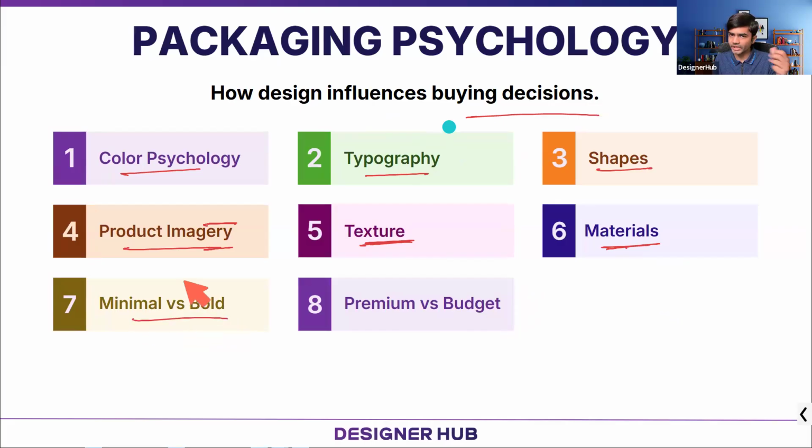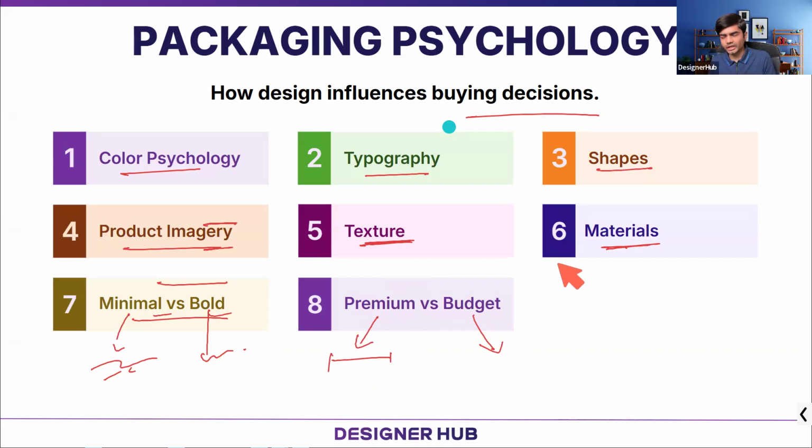And then the presentation, whether you're projecting yourself as a minimal brand or a bold brand. Bold generally goes for youthful kinds of brands, minimal generally goes for premium kinds of brands for an elite audience. And at the end of the day, whether you're trying to present a mass product which is inside a budget or a premium product for a limited crowd.